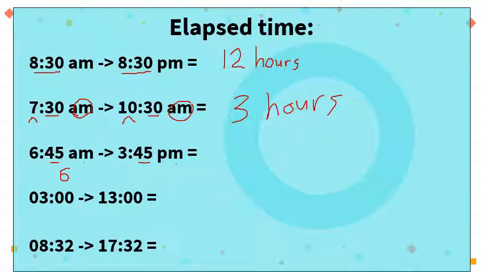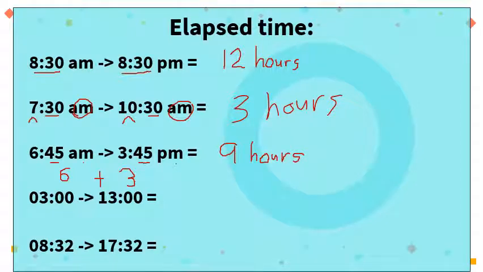And then 12 p.m. plus another 3 will bring me to 3 p.m. So it's 6 plus 3, which is 9 hours. That one's a little bit trickier though, because we're jumping between the a.m. and p.m.